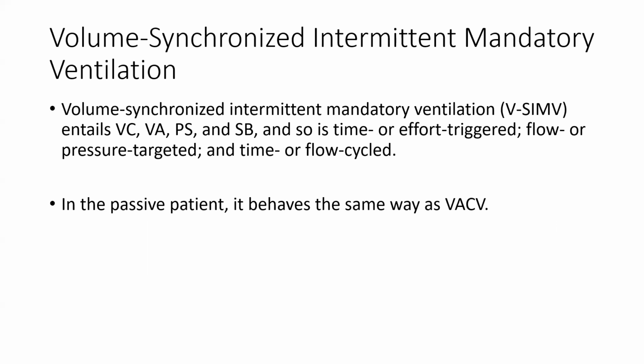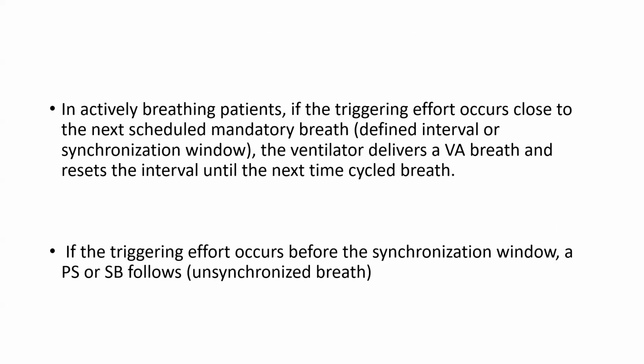Now the volume synchronized intermittent mandatory ventilation. Volume synchronized intermittent mandatory ventilation entails volume control, volume assist, pressure support, and spontaneous breaths. So it is time or effort triggered, flow and pressure targeted, time and flow cycled. In a passive patient, it behaves the same as volume assist control ventilation. In an actively breathing patient, if the triggering effort occurs close to the next scheduled mandatory breath, within a defined interval or synchronization window, the ventilator delivers the volume assist breath and resets the interval until the next time cycled breath.